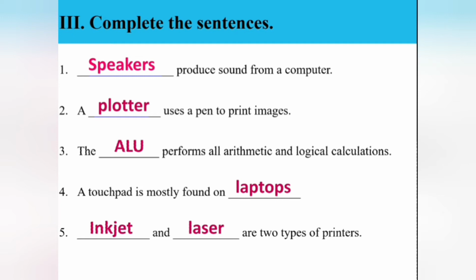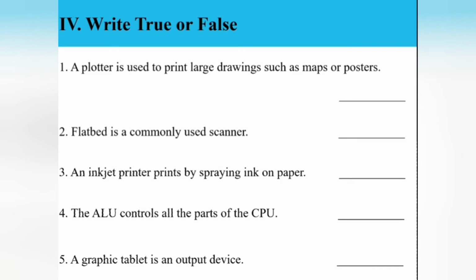Okay. Shall we move on to the next Roman? Yes. Our fourth Roman is true or false. In that, the first one: a plotter is used to print large drawings such as maps or posters.